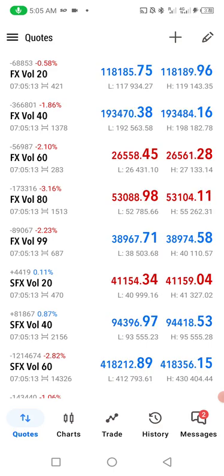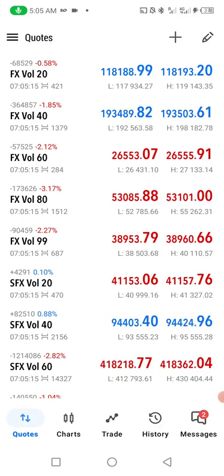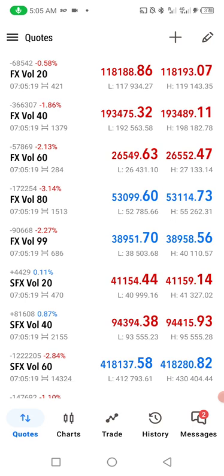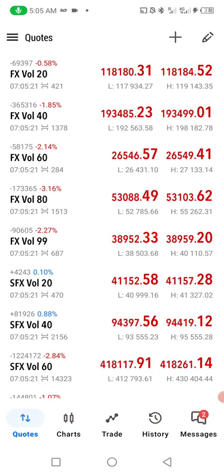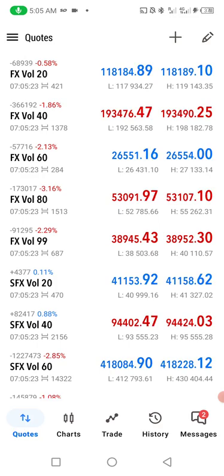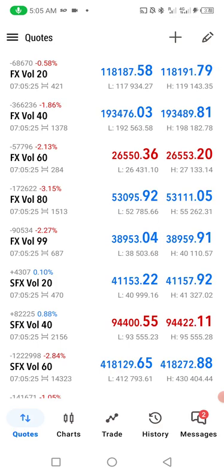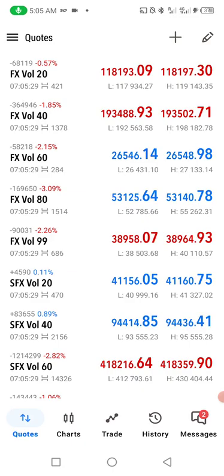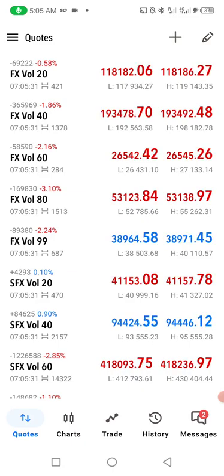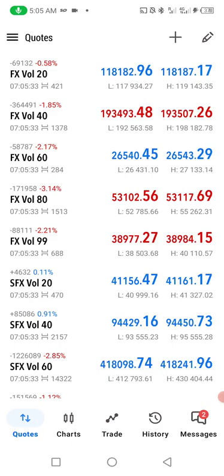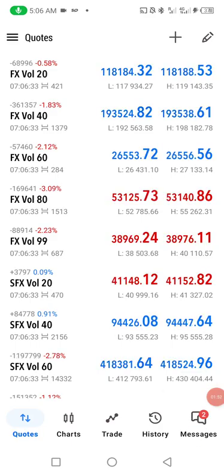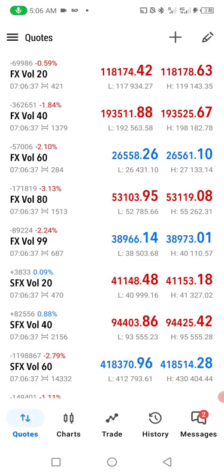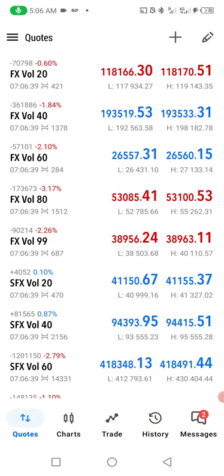On this World Trade broker, the red indicates negative sign and the blue indicates positive sign. Okay, you see, these signs are very necessary in trading. A lot of people don't know about it.